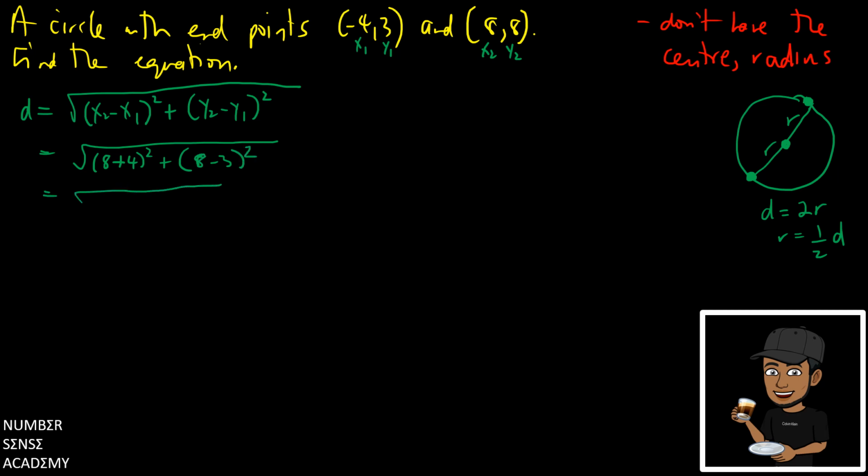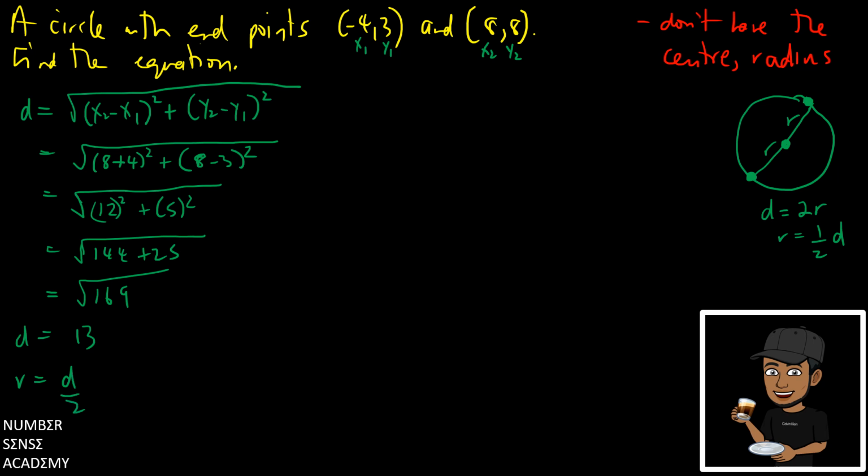So this is 12 squared plus 5 squared. This gives me 144 plus 25, which is 169. Then the diameter is 13. And the radius, which is half of the diameter, is going to be 13 divided by 2, which is 6.5. So I have a radius of 6.5.